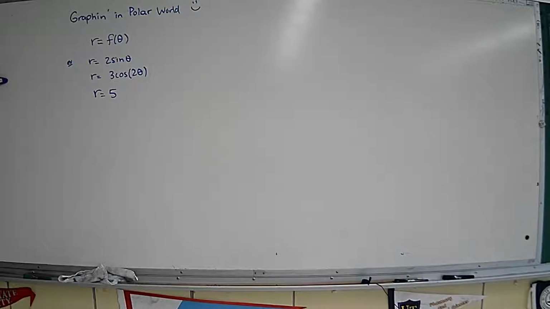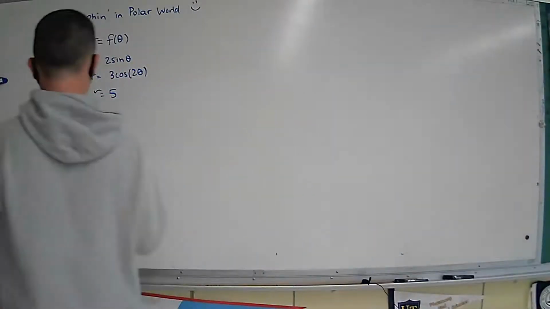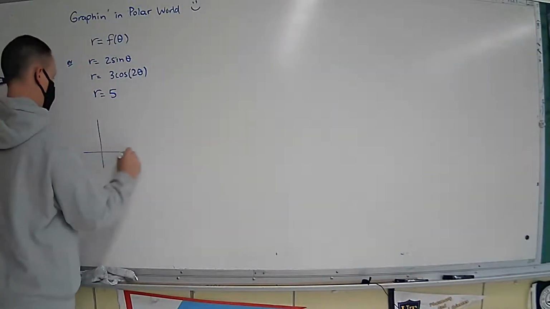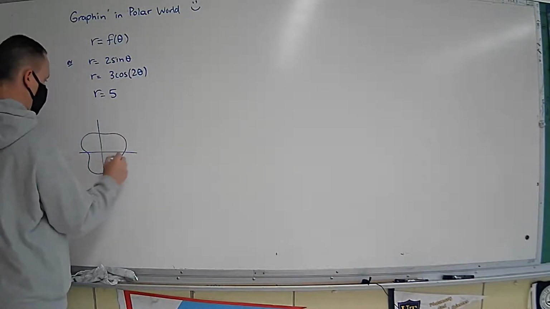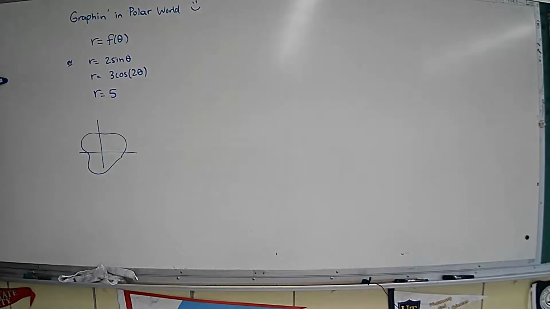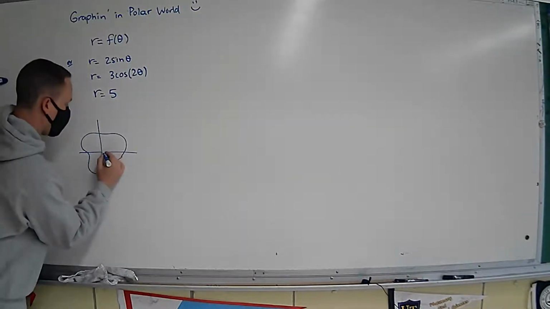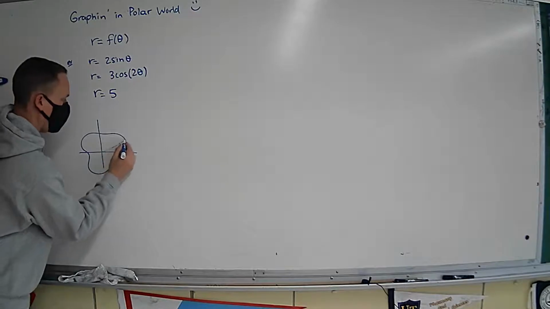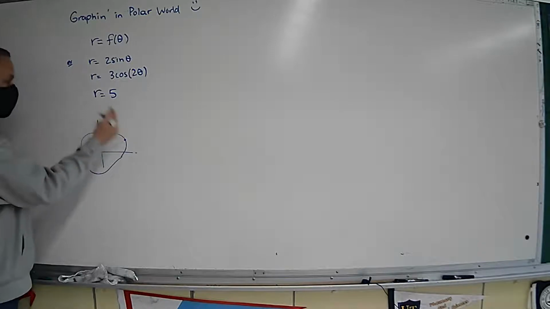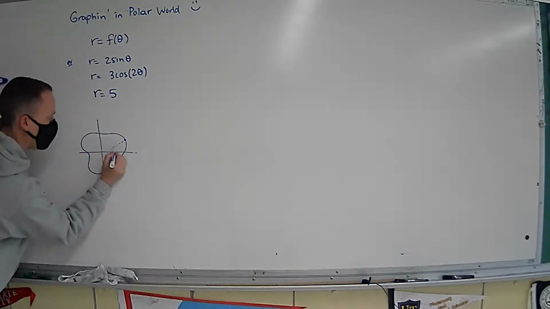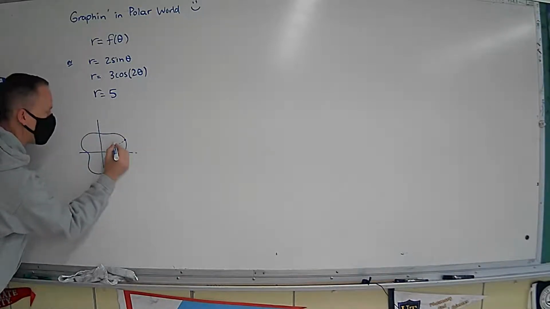So when we think about a polar graph, now that's just a random sketch, okay? What we're talking about here is that the distance each point is away from the origin is a function of theta.